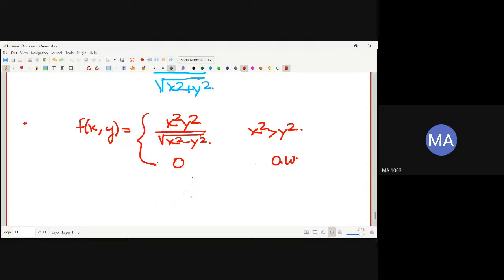So in these points you can show that the limit doesn't exist, but again you have to be very careful.